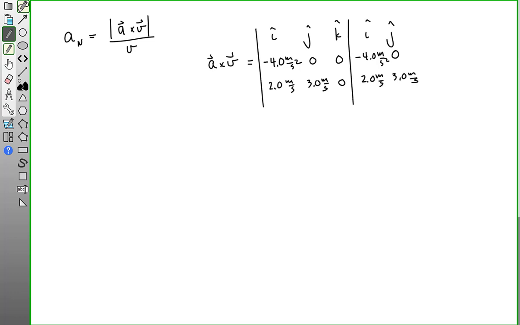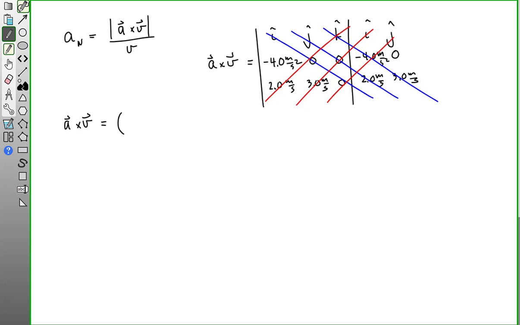So to evaluate this matrix, we will take the products of one set of diagonals and subtract the product of the other set of diagonals. So this cross product can now be evaluated by taking the products of the diagonals and subtracting them. For the x component, we have 0 times 0 minus 0 times 3.0 meters per second.